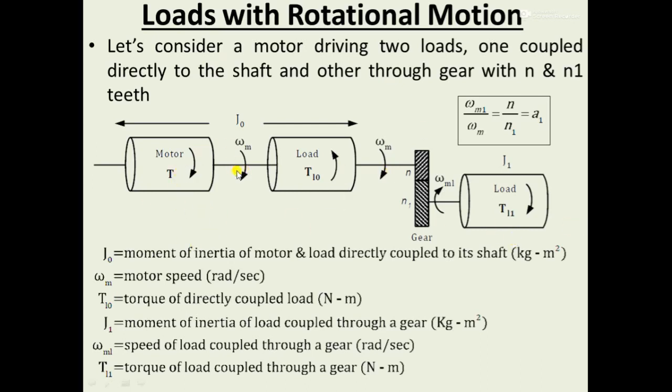As these two are coupled together, their kinetic energy can be written as half J0 omega m square, and the kinetic energy of this load can be written as half J1 omega m1 square. So the sum of the kinetic energy of all the moving parts in this motor load system can be written as half J0 omega m square plus half J1 omega m1 square. This has to be equated with half J omega m square.